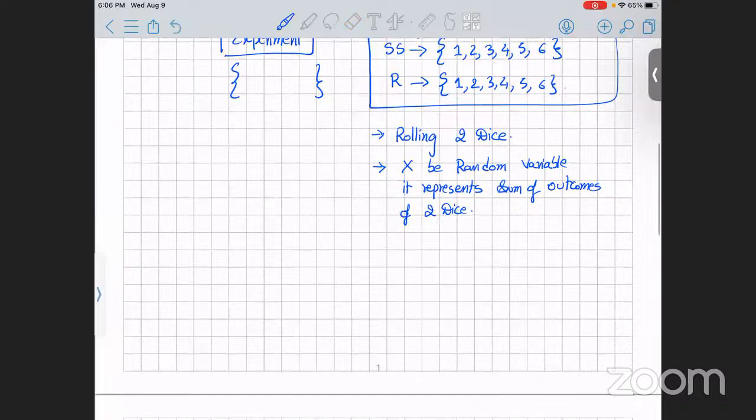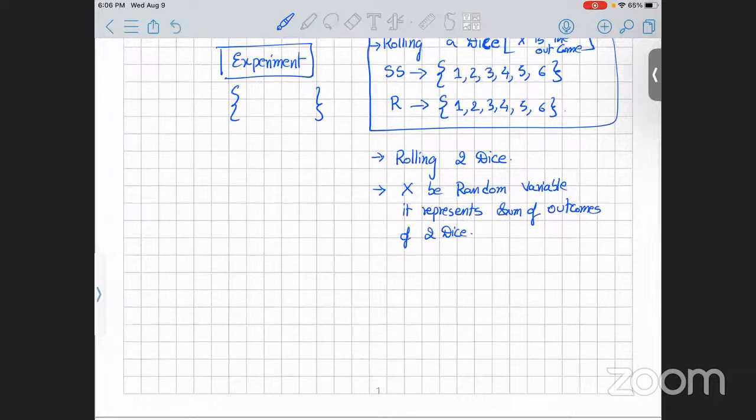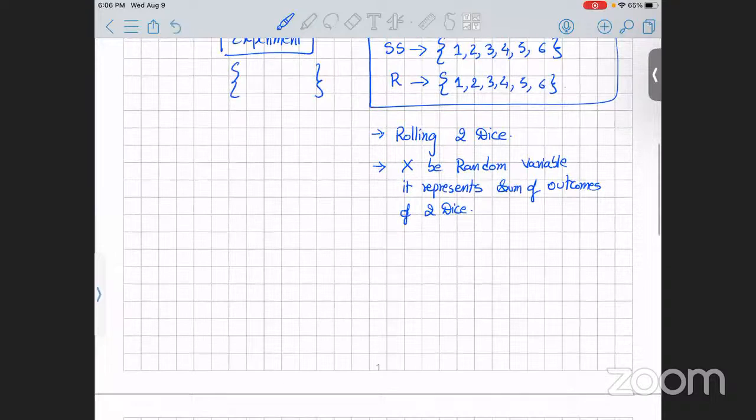Now the sample space: there are two sample spaces. For die 1 it will be 1 2 3 4 5 6, and for die 2 it will be 1 2 3 4 5 6. But they're not asking about this. They clearly defined x as a random variable which represents the sum of outcomes of 2 dice.